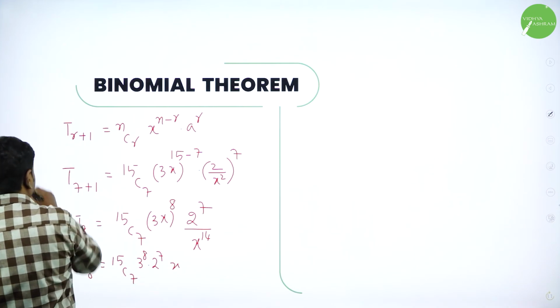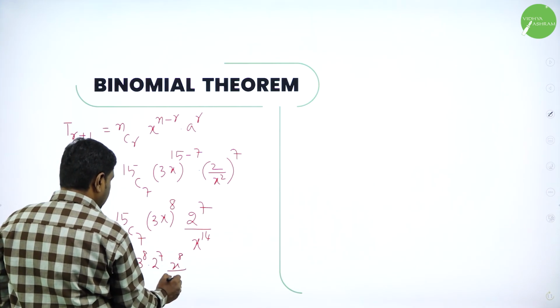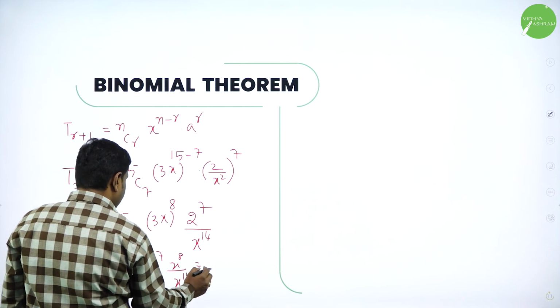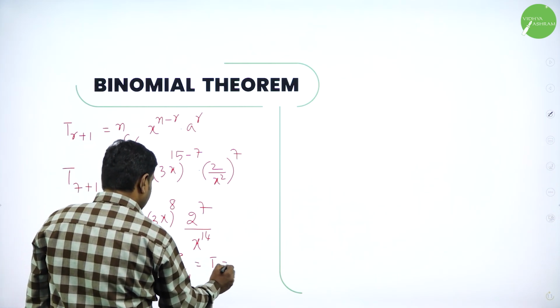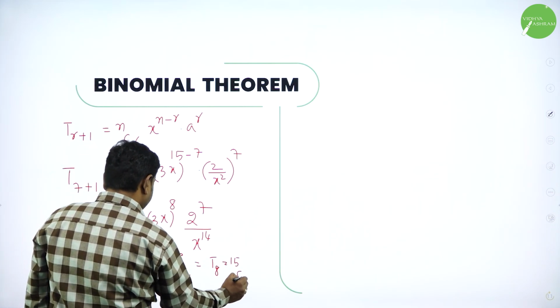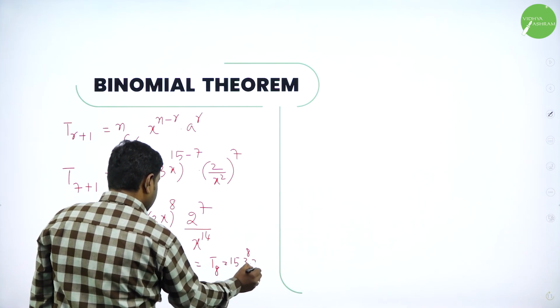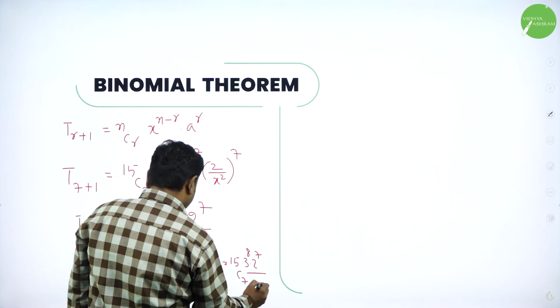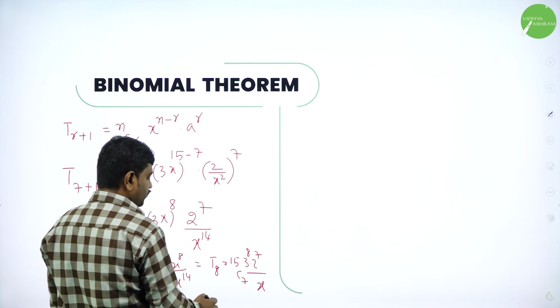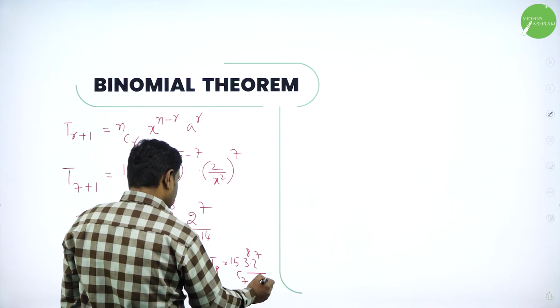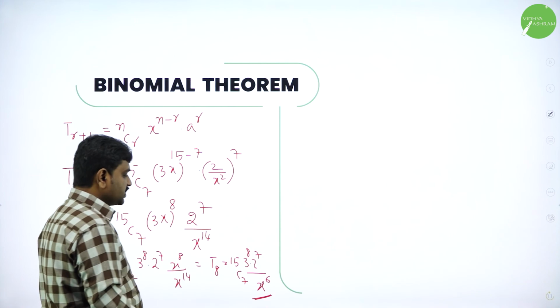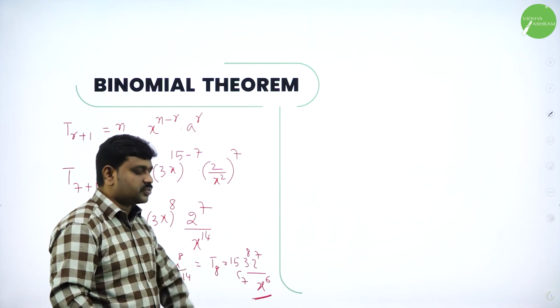Transfer x to the denominator, a power m by a power n. So finally we'll have T8 is equal to 15C7, 3 power 8, 2 power 7 divided by x power 14 minus 8. 14 minus 8 is 6. So T8 is 15C7, 3 power 8, 2 power 7 by x power 6.